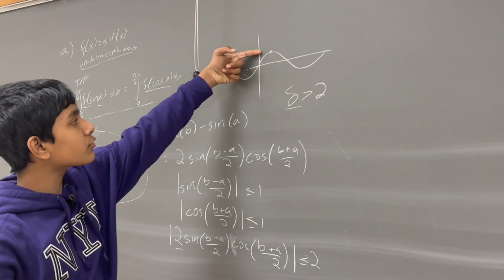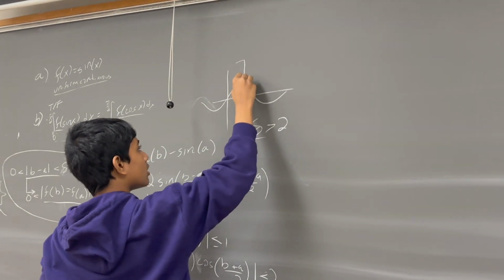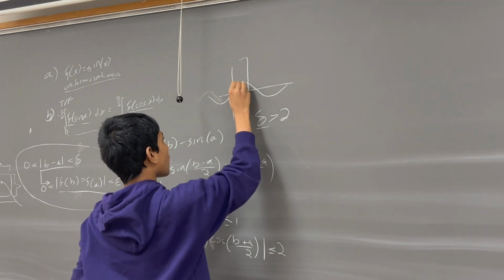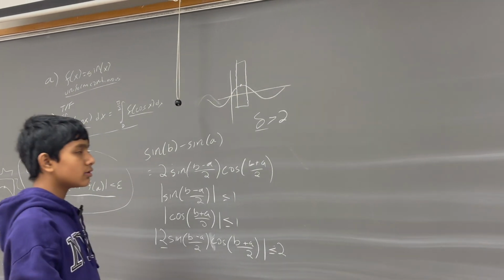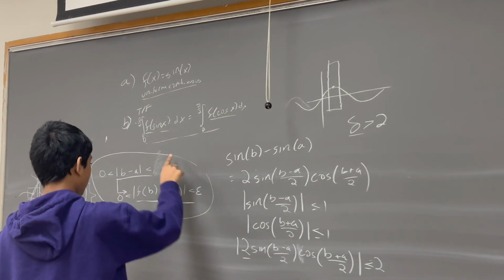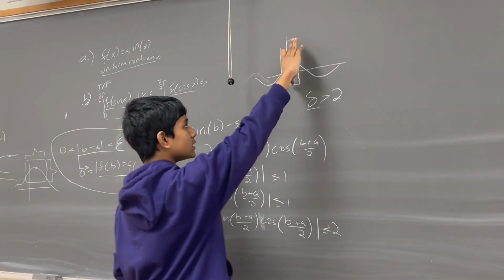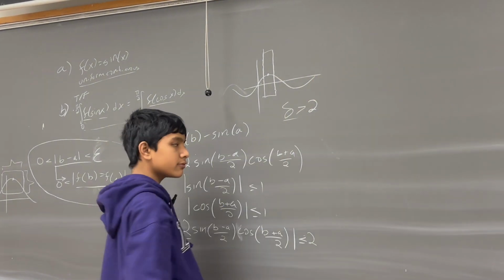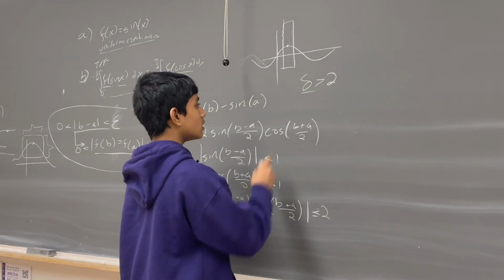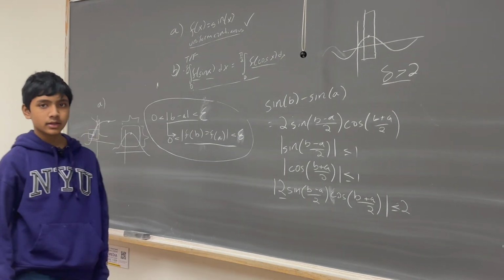It's the total difference between its maximum and its minimum, which means that no matter what epsilon is, if we draw that delta to be greater than 2, then there's absolutely no possible way, no matter where we drag this, for the function to fall outside of its borders. Alright, so we've just proved that f of x equals sine x is uniformly continuous.